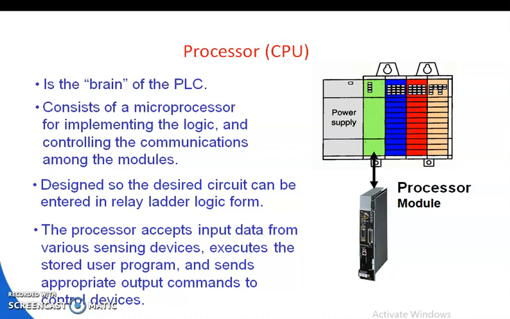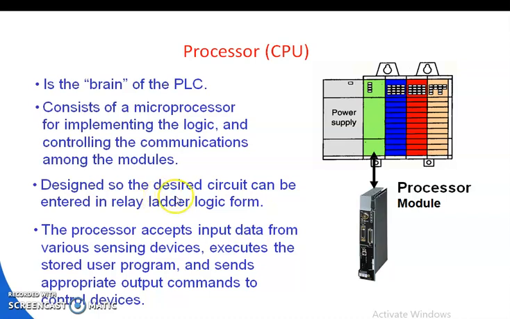Here, the central processing unit has a processor module, with the different modules divided into different modular segments, through which the power supply unit is directly coupled with the processor module.